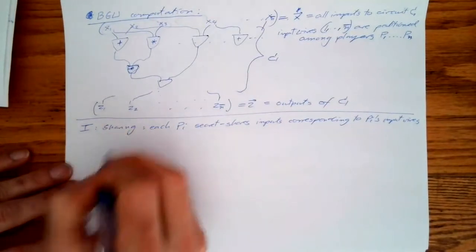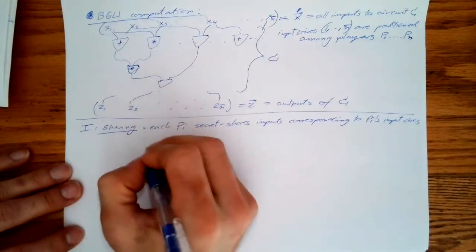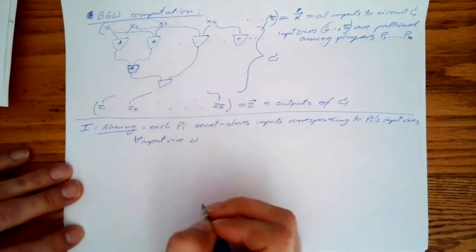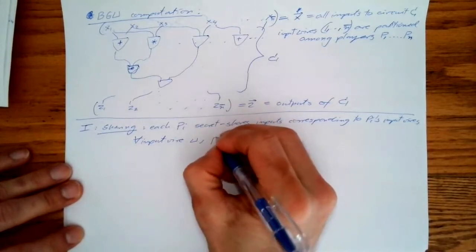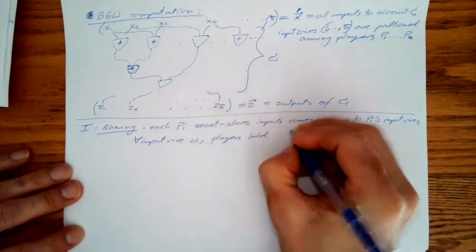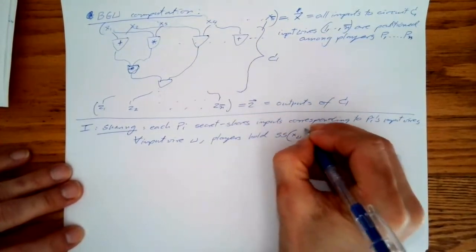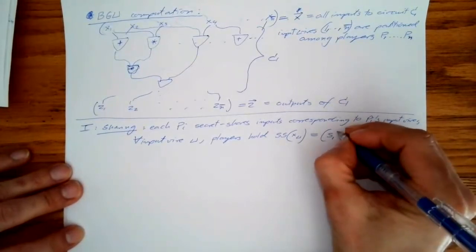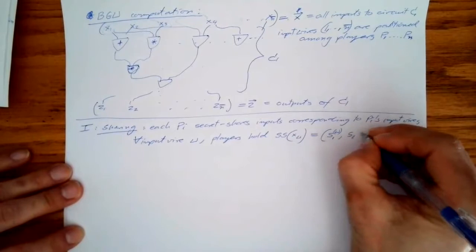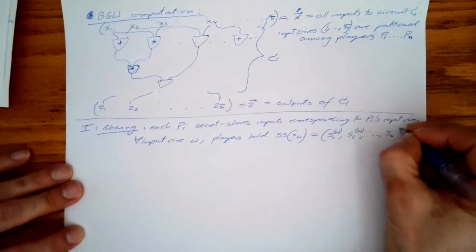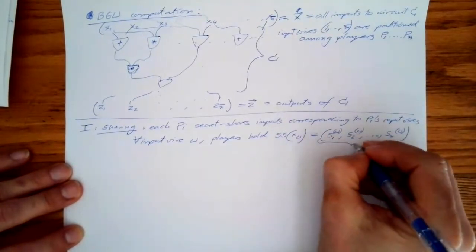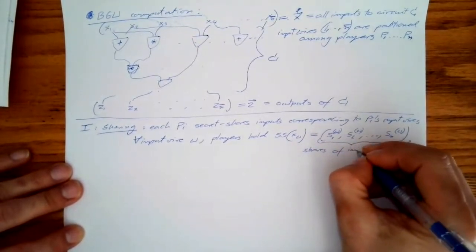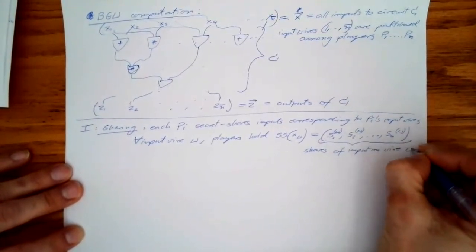What's the result of this first sharing stage? Is that for every input wire W, players hold a secret sharing of x_W, which is some set of shares, S1 of W, S2 of W, etc., Sn of W. Okay, these are shares of input on wire W, right?